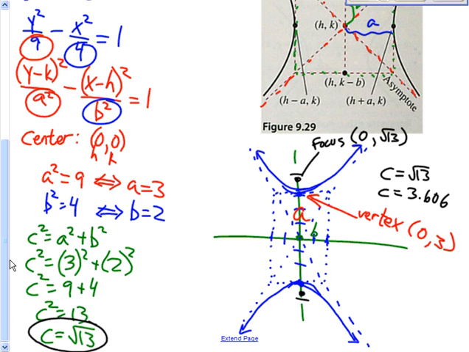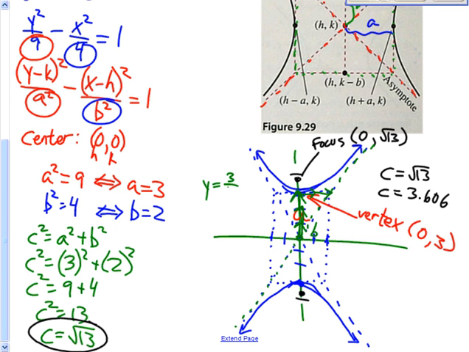Let's also do our slant asymptotes. So what's the equation, let me do these in green, what's the equation of that green slant asymptote? Well, remember for a linear line, we got y equals mx plus b, right? Our y-intercept is 0, so we just need to figure out the slope. And you notice the slope on this is we go up 3, 1, 2, 3, and we go over 2.